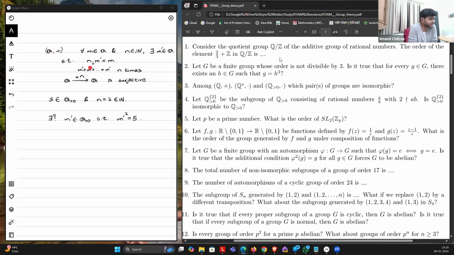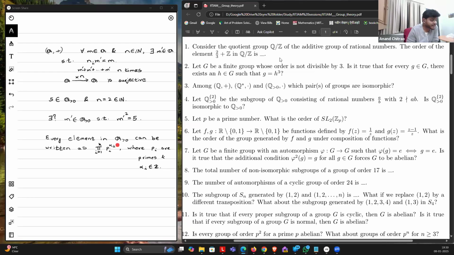So Q is a divisible group, and in Q positive, every element can be written as the product, i from 1 to k, of p_i to the power alpha_i, where p_i are primes and alpha_i are integers.